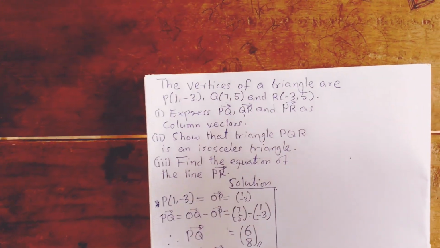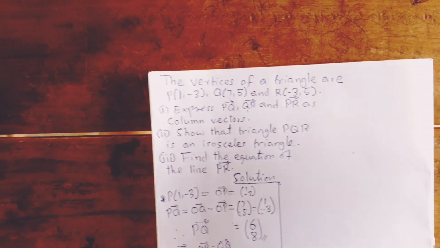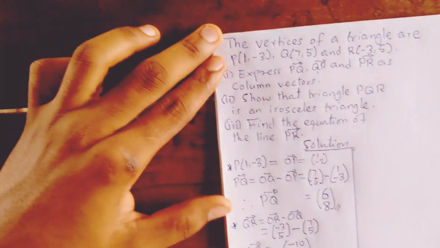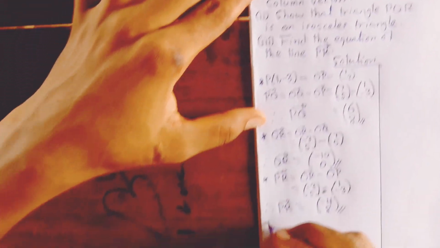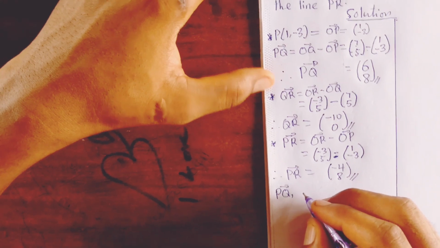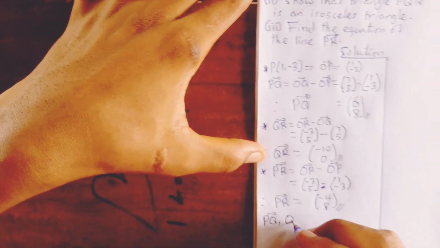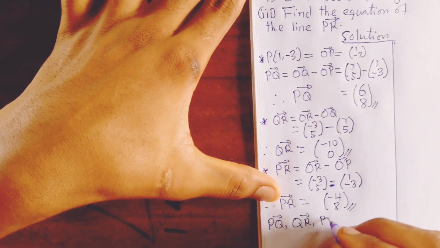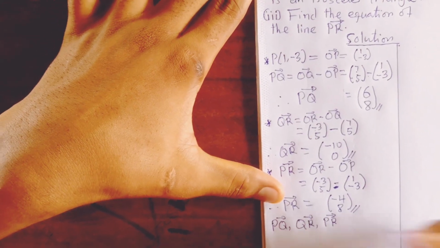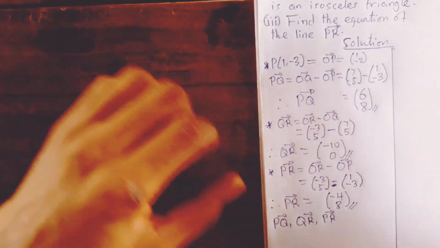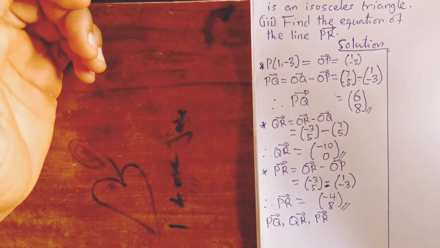If that should be the case, when you find the magnitude of the sides, the first one is PQ, and then QR, and then PR, you realize that two of them have the same magnitude. Hence, we can conclude that this triangle is an isosceles triangle.